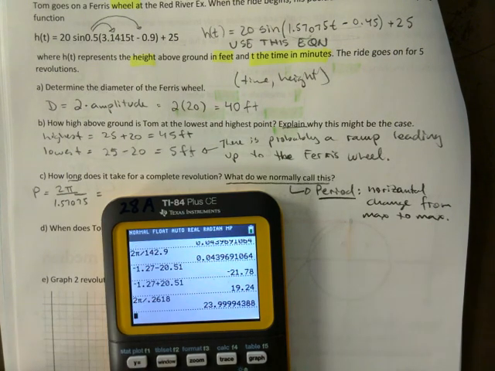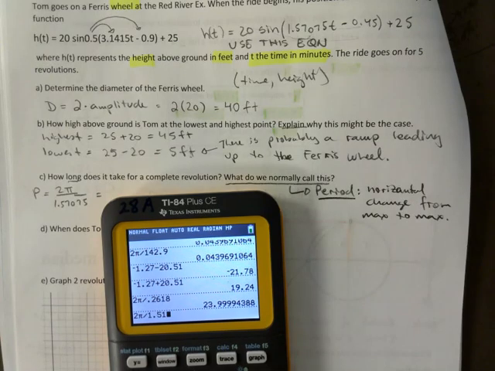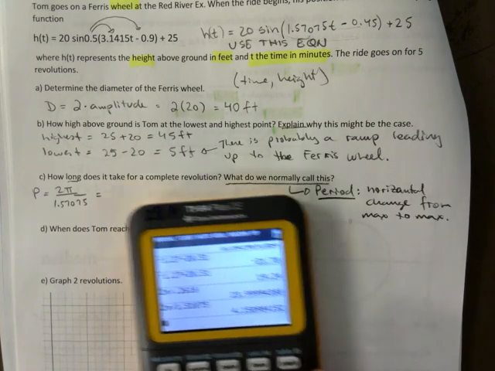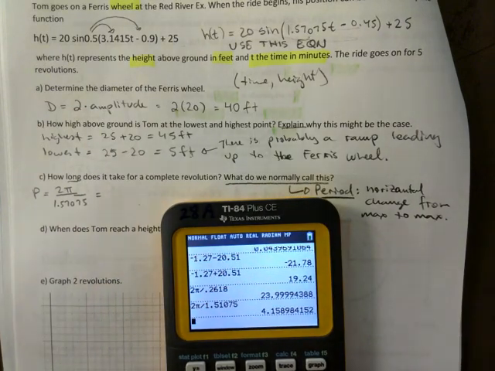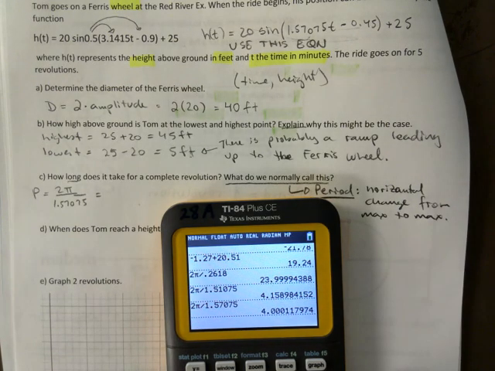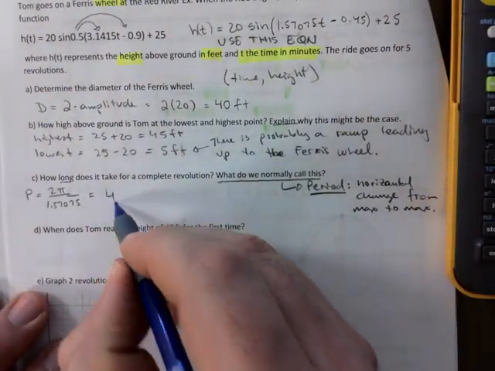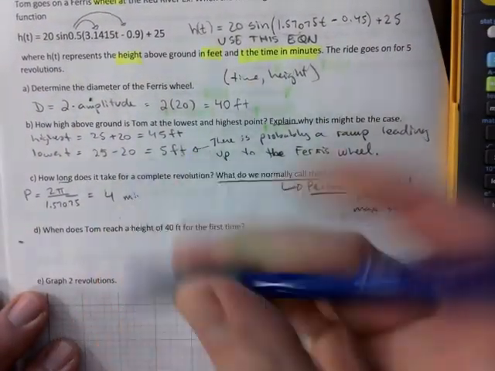So watch this. 2 pi divided by 1.57075. Houston, did I type it in wrong? Yes, I did. There. It's 4. See? If you round it to 2 decimals, it's 4. And what is time in? It's in minutes.